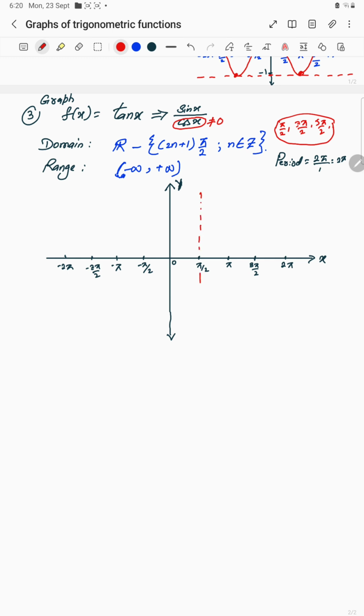So I can write like this, these dotted lines at odd multiples, because it means our value will never be touching this line. It can approach but it cannot touch, come closer but will not touch. Let's draw it.